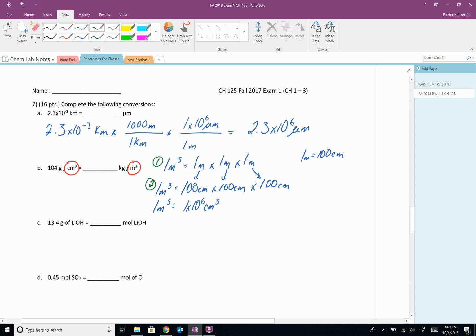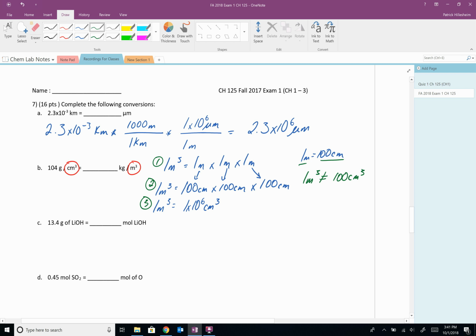We know that for each meter we have 100 centimeters. And so then we just clean things up and get our conversion factor for cubic meters into cubic centimeters. Remember, 1 cubic meter is not equal to 100 cubic centimeters. We can't just cube our units and say that it's equal to what we have up here.